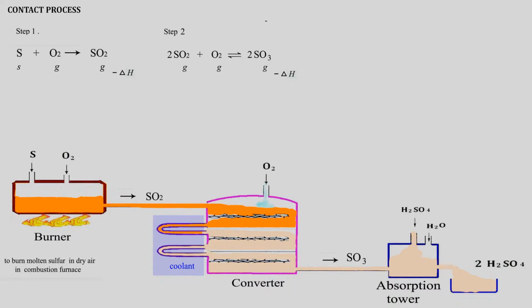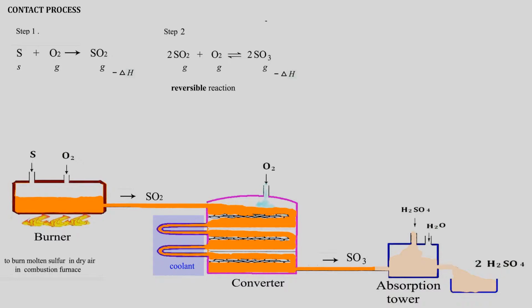Then, out into the coolant. Back into the converter. Out into the coolant. Back into the converter. And it forms sulfur trioxide. Students will start to ask, what's going on with in, out, in, out?